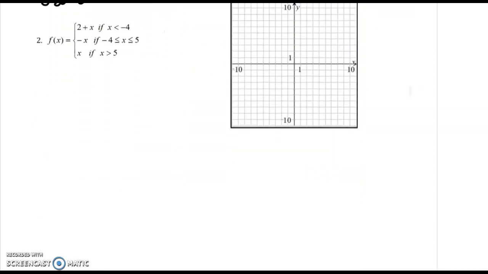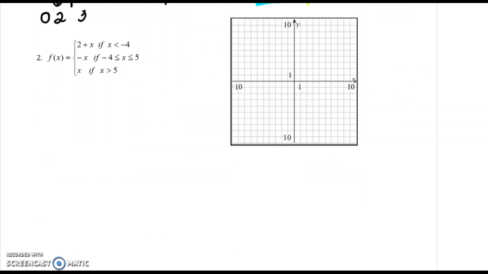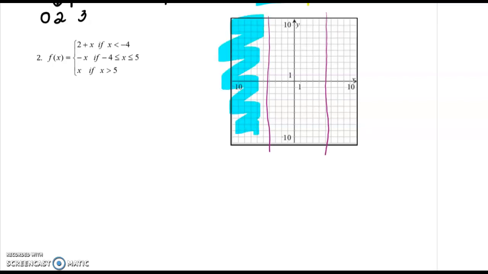So let's try another one. This one's going to be a 3-part. So let's see, x is less than negative 4. You're going to see at negative 4 there's going to be a cutoff. Between negative 4 and 5, there's going to be a cutoff. So you can see that there's going to be 3 parts.